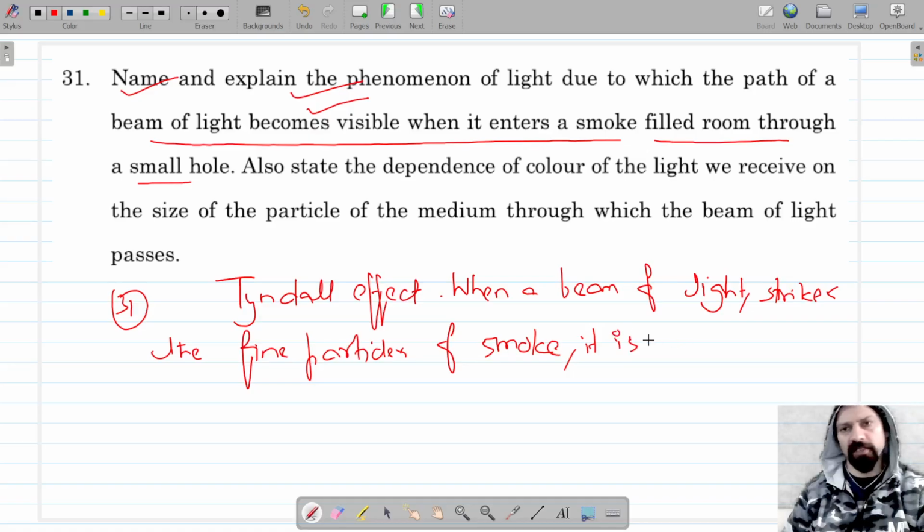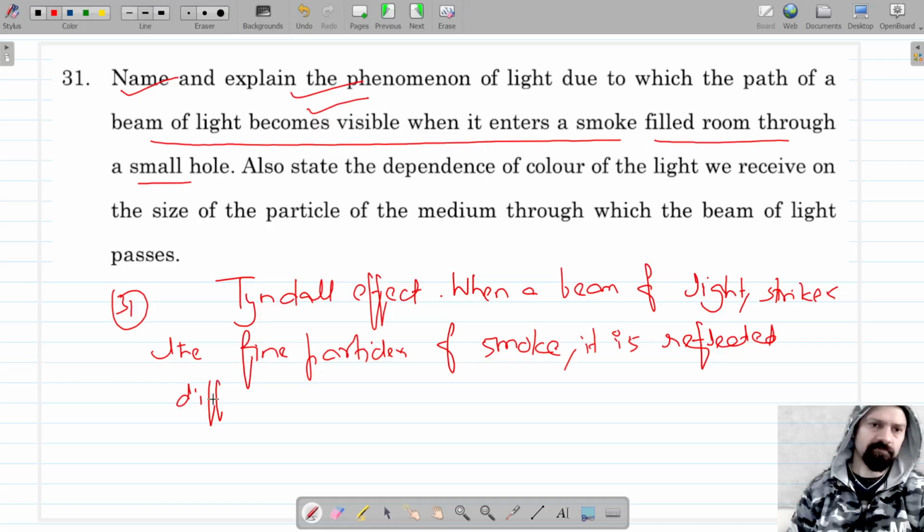Diffusely means in all directions. It is reflected diffusely, and hence the path of light becomes visible.